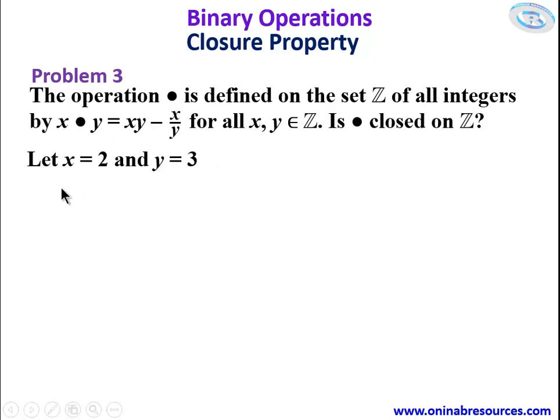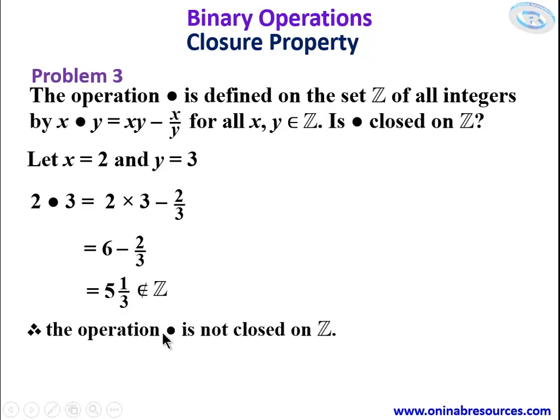We carry out 2 operation 3 so that we now have 2 times 3 minus 2 over 3. 2 times 3 gives 6 minus 2 over 3. That's going to give us 5 whole number 1 over 3, which is not an element of Z, because 5 whole number 1 over 3 is not an integer. Therefore, the operation dot is not closed on Z.